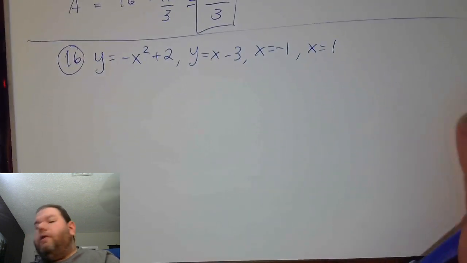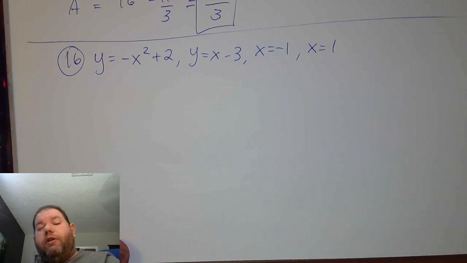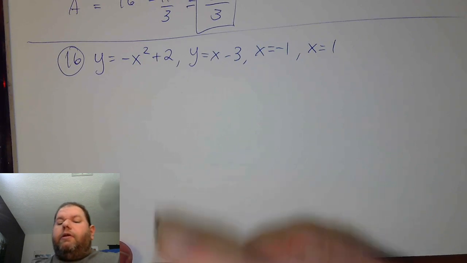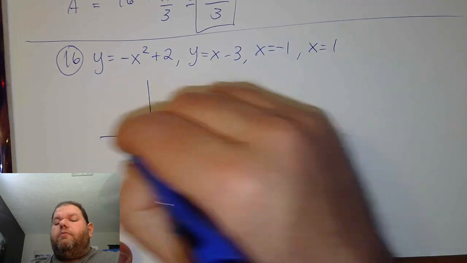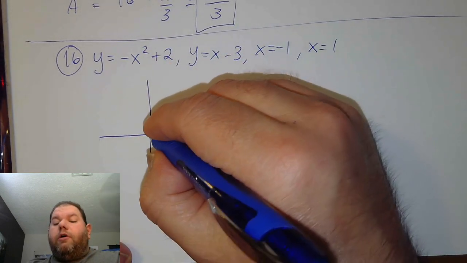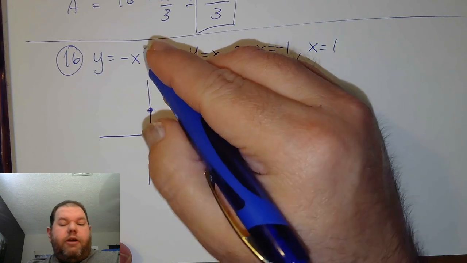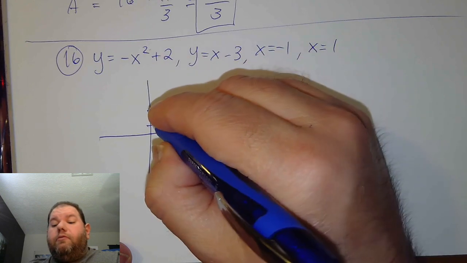Sorry about that. So we get y equals negative x squared plus 2, y equals x minus 3, and we're given the additional boundaries of negative 1 and positive 1 for x. So negative x squared plus 2 means we go up 2, and we draw an x squared graph, a parabola, going down.